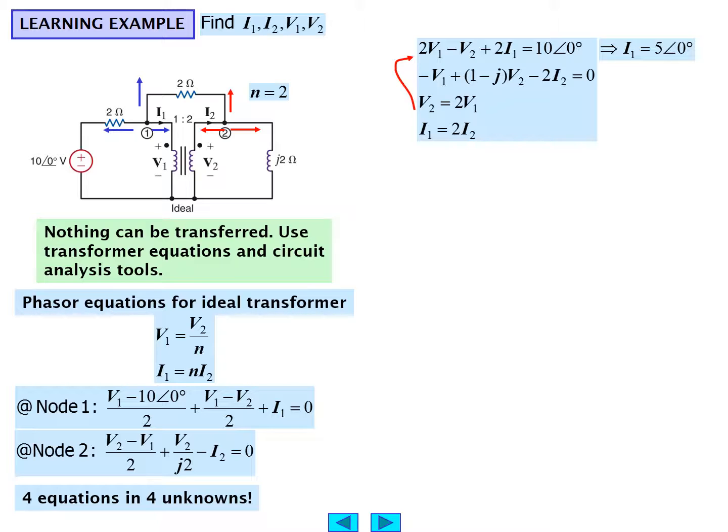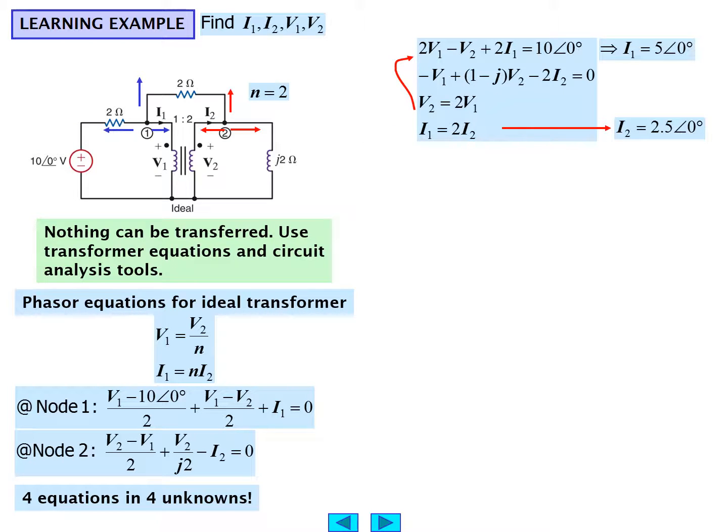V2 is equal to 2V1, and under those conditions, we would get 0, very interestingly. And under those conditions, I2 can be solved because V1 minus V2 is going to be essentially 2V1 minus 2V1, which is 0. So therefore, we can solve for I1 as 5 angle 0. It's kind of fortuitous and doesn't often happen that way.